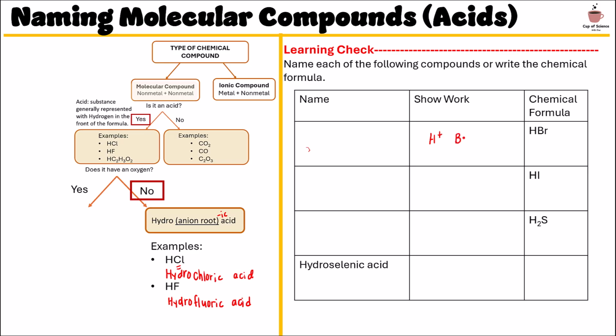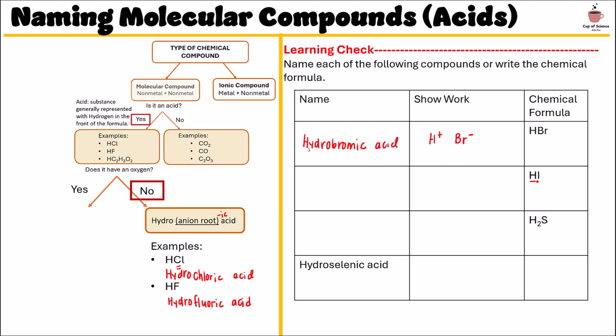Br, there's only one of them. It has a charge of negative. If you look in the periodic table, it's in the row that has -1 charge. So combining these two, and this one does not have an oxygen, we can name this as hydrobromic acid.